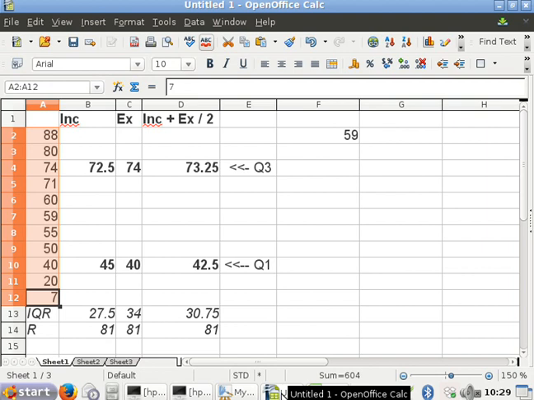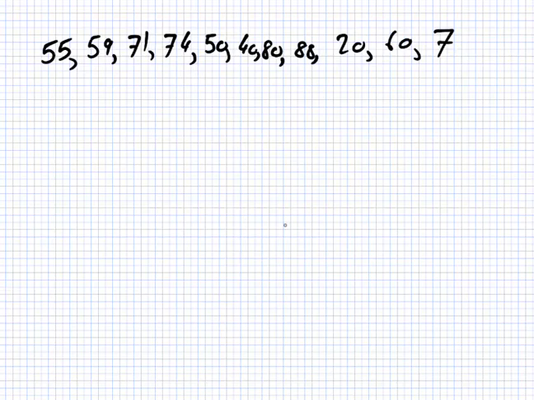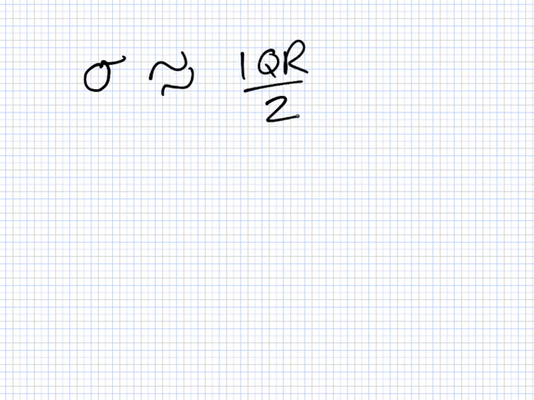Oh yeah. So why is calculating the quartile useful? Well, the median is like an average. It's the number in the middle. And the lower quartile and the upper quartile, roughly speaking, you have this. Roughly, just roughly, standard deviation is roughly interquartile range divided by 2.